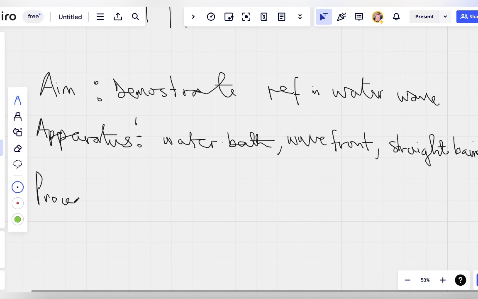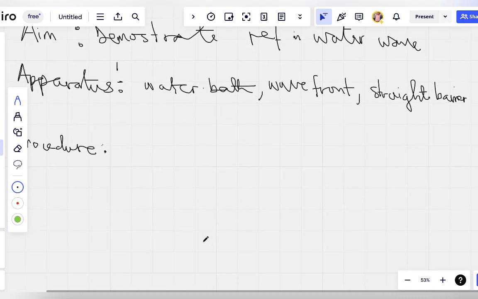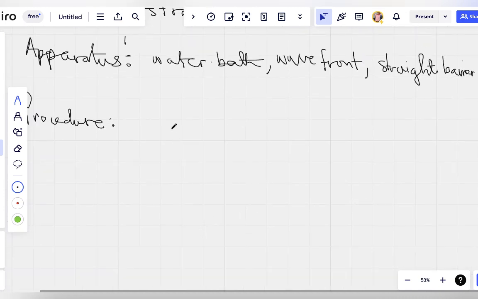Now, for the procedure, I will just show you diagrammatically, okay? Not too much writing. So here, let's use a wavefront to represent the water.